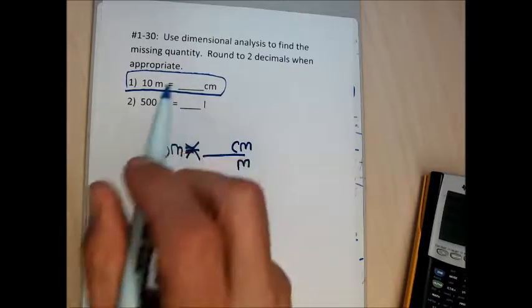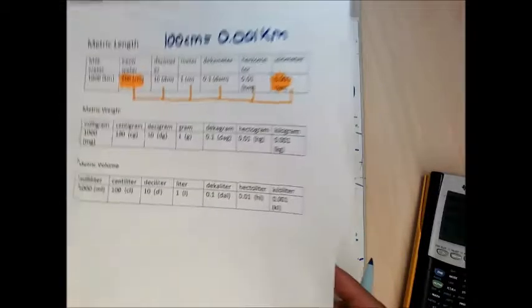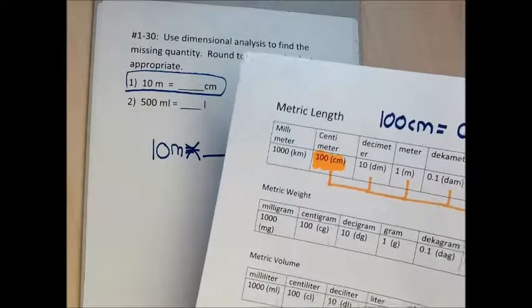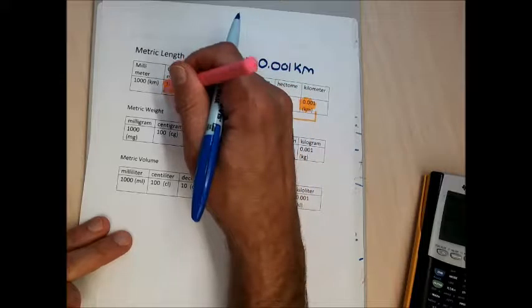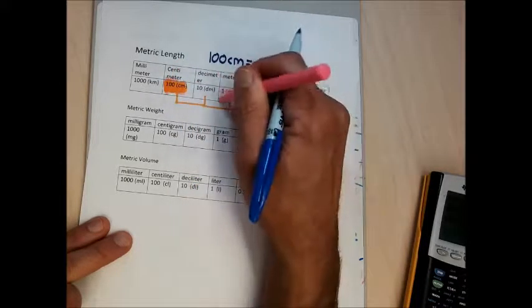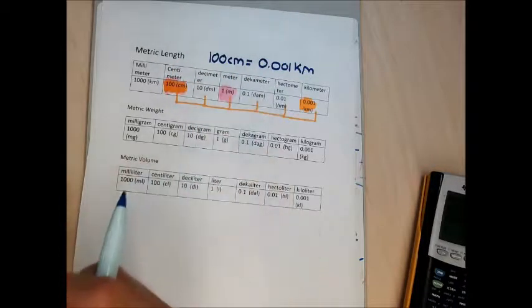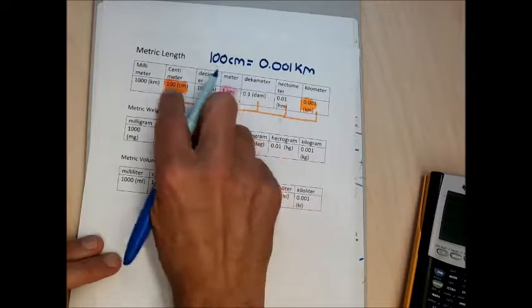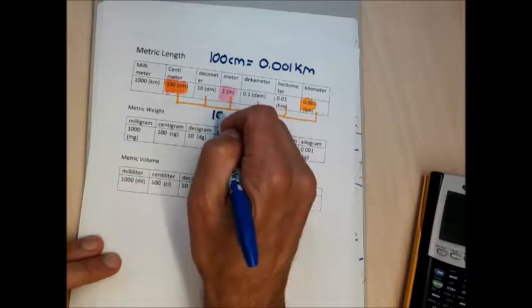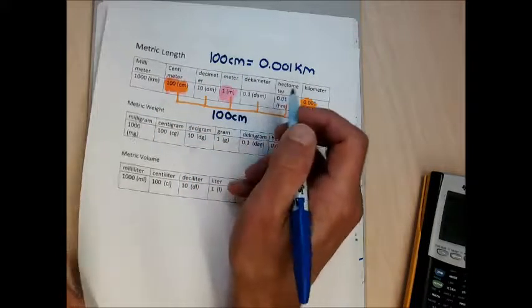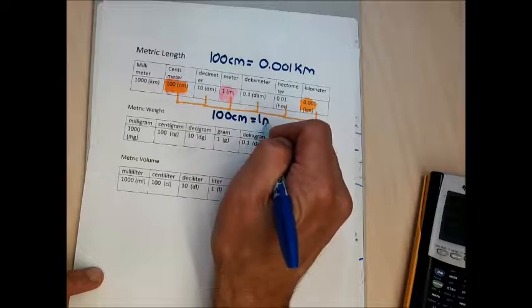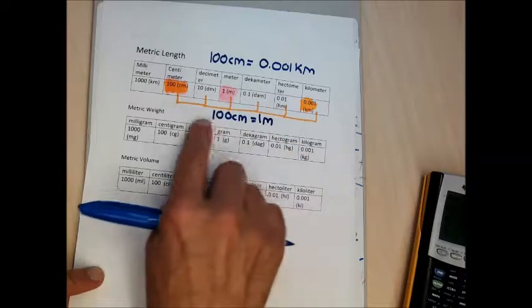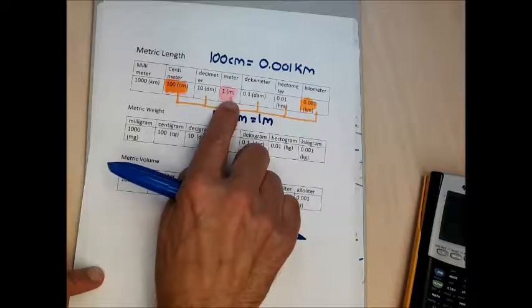I need a relationship between meters and centimeters, and on my sheet, everything in this row is equal to each other. So this is saying that 100 centimeters is equal to 1 meter.